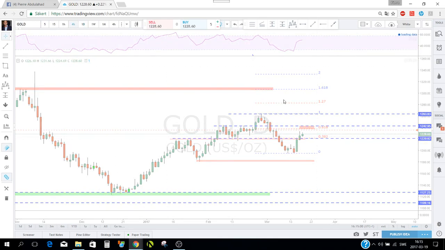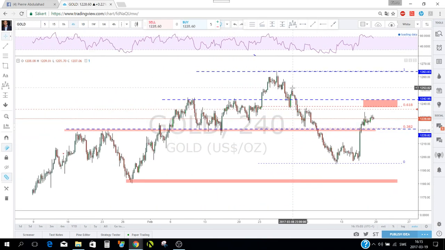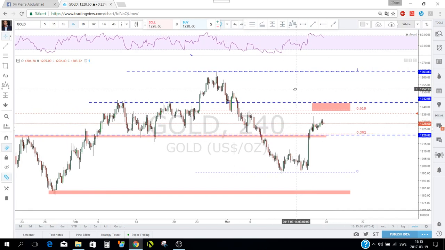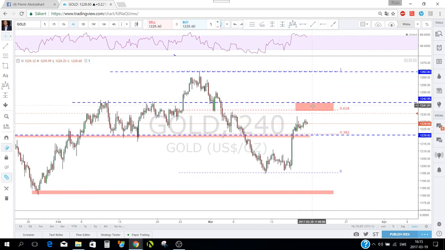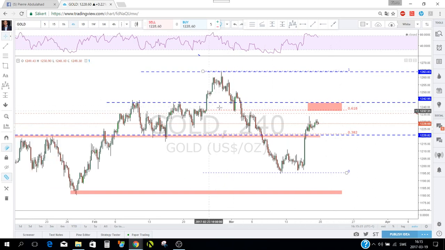So what I'm looking at for now is this area here, around 1238 to 1242, near the 61.8 Fibonacci retracement and where we have this structure.